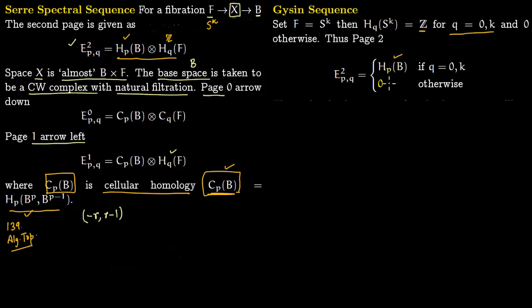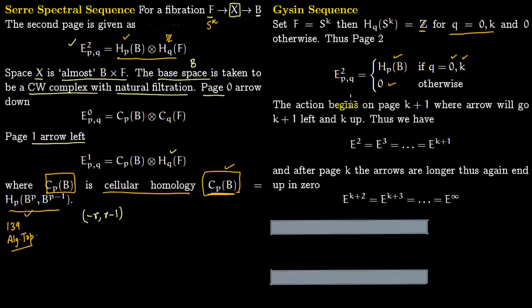So this second page has 0 otherwise. So this is PQ. P is the column number, Q is the row number. So you have only two non-zero rows. The 0th row and the kth row are non-zero. Everywhere else on page 2 you just have 0 sitting. First notice that the action will begin on page k plus 1, because you have these arrows going from minus r to r minus 1.